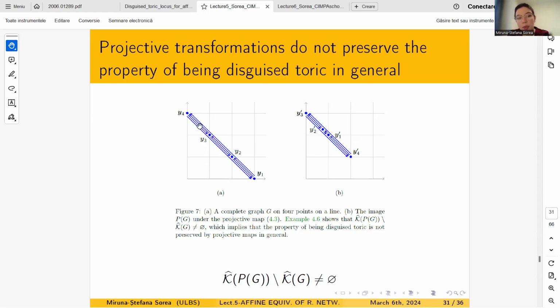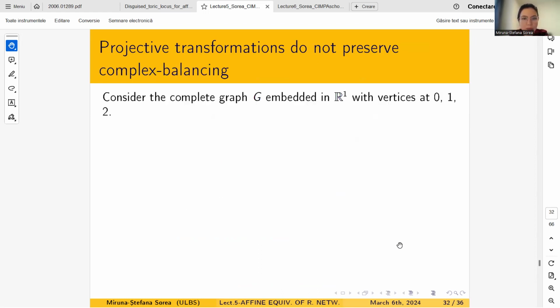So we knew algebraically the precise expression, the disguised toric locus completely characterized for the quadrilateral, and that is what helped us actually search for such a vector of rate constants that's outside the disguised toric locus of G. We started by negating such a property from before, and then such a vector would verify the properties for the other one. It was a game. During the tutorial, we'll look at this.